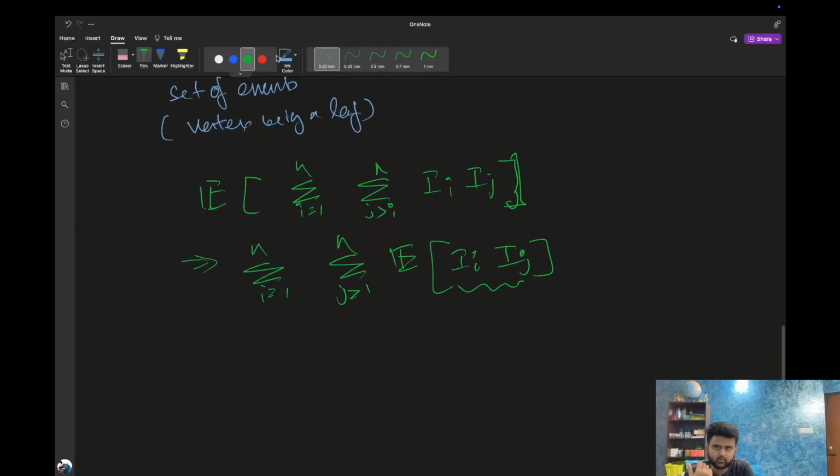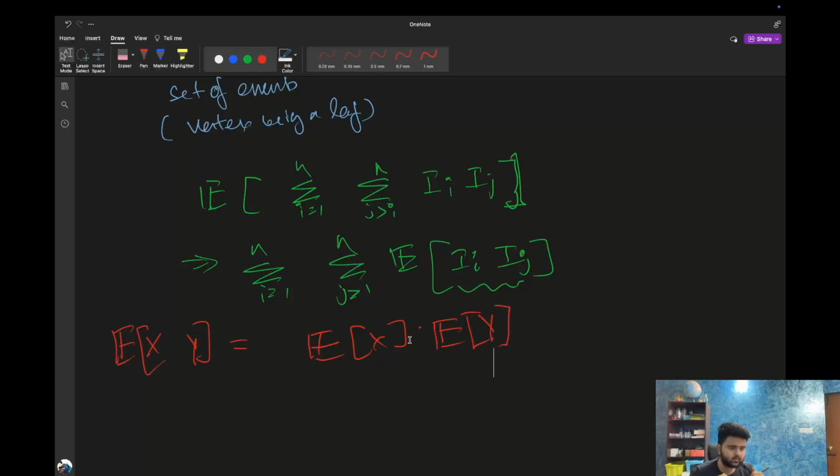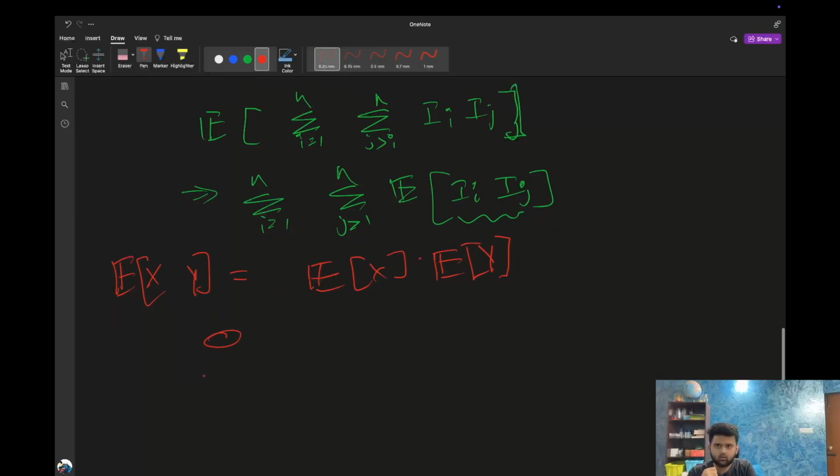there's another theorem that says that if two random variables x and y are independent, then you could write expectation of xy to be expectation of x times expectation of y. Now the idea of independence is that if two events are independent, let's say x and y, then that means that no matter what y becomes, to give another example, let's say I have two coins, coin 1 and coin 2.